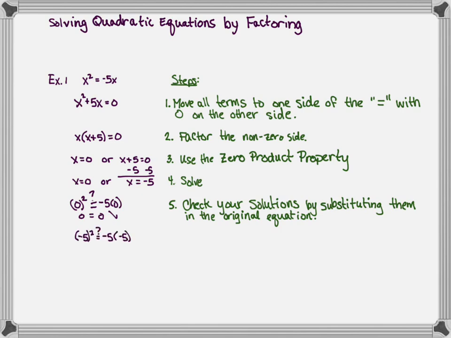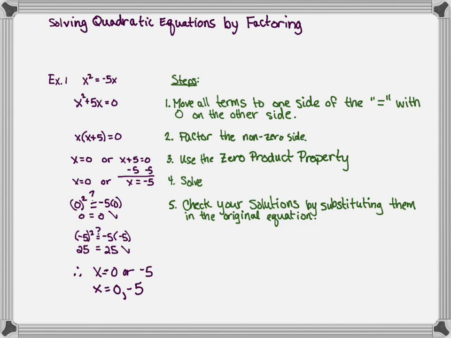Does negative 5 quantity squared equal negative 5 times negative 5? 25 does equal 25, so this second solution also works. So therefore our solution is x equals 0 or negative 5. We could also write it together, just separated by a comma, as x equals 0, comma, negative 5.